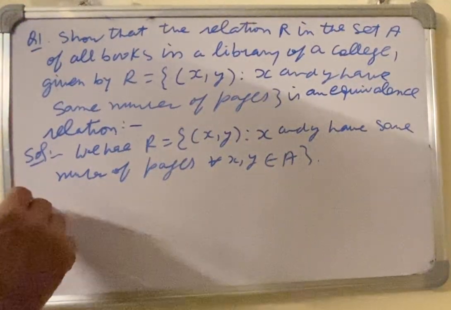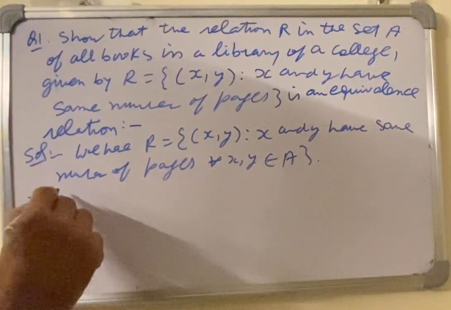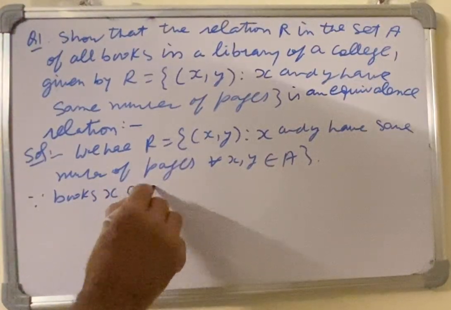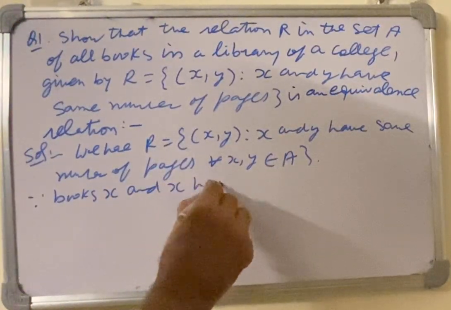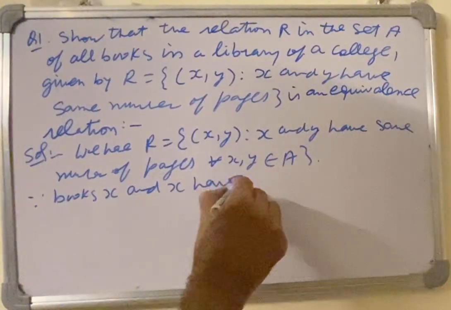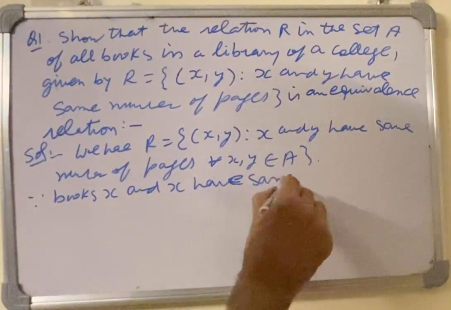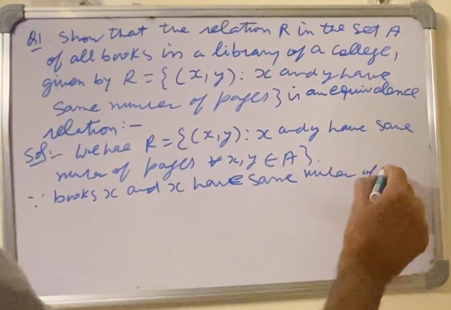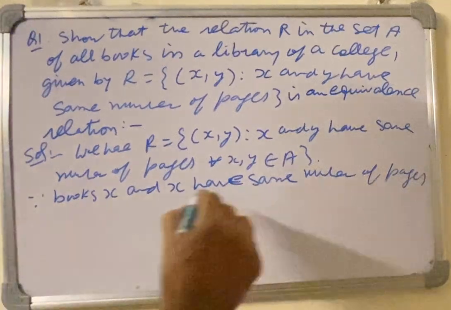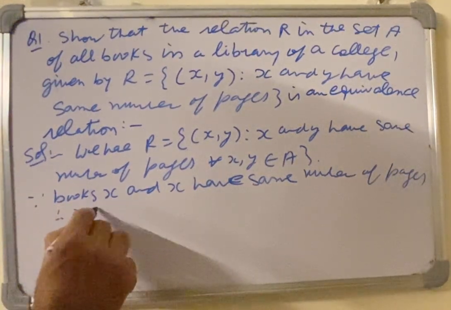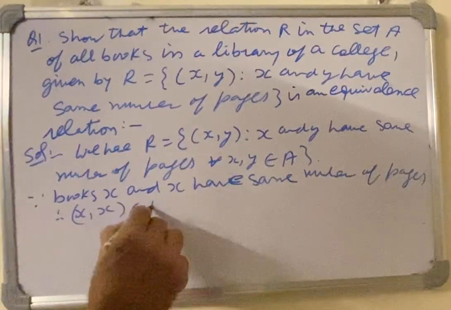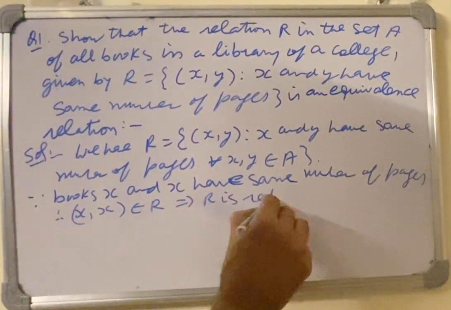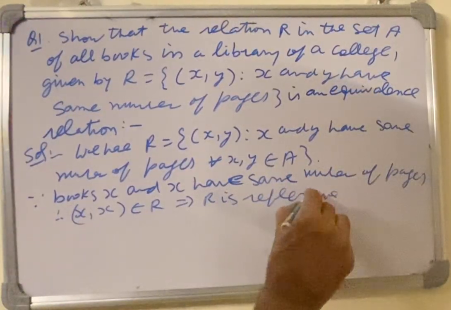Now since x and x have the same number of pages, therefore x, x belongs to R. So R is reflexive.